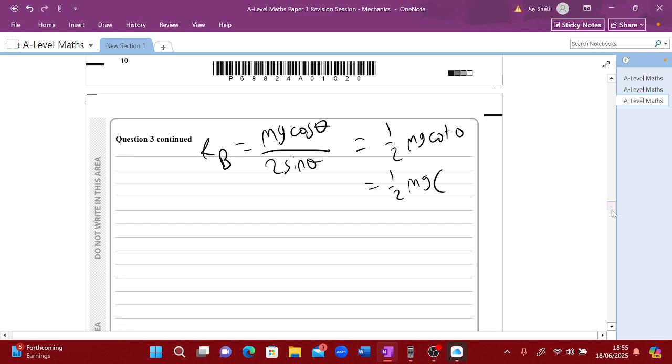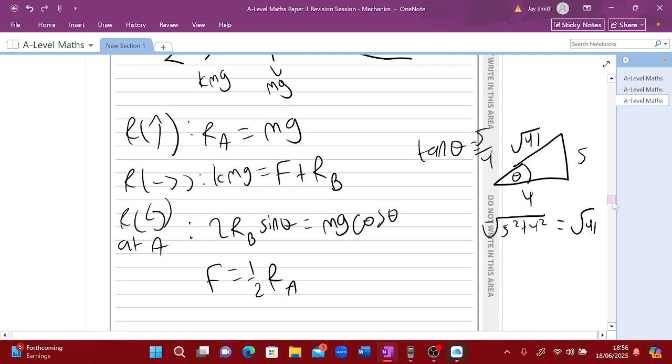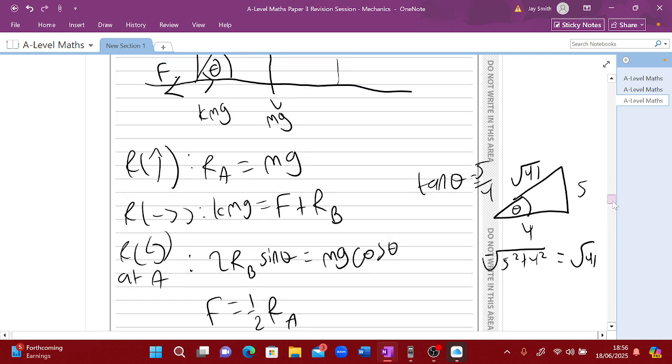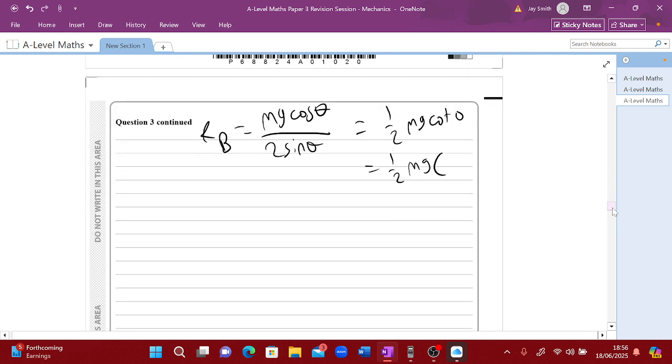Now, cot theta again is 1/tan. But we know tan theta is 5/4. So cot is the reciprocal, 4/5. So that will go to a half times 4/5. We'll be left with 2/5 mg. There we are. So that's RB.